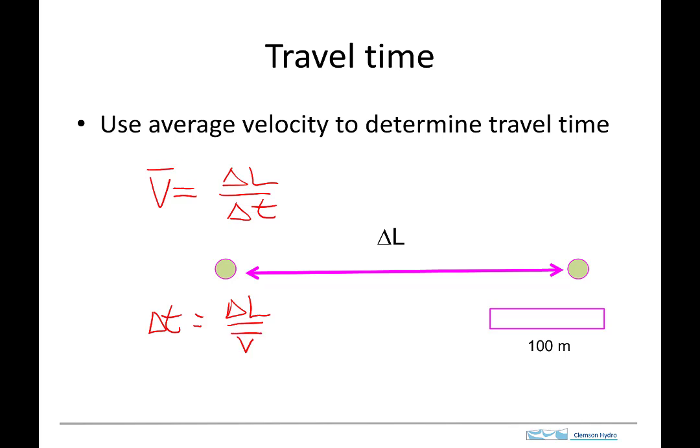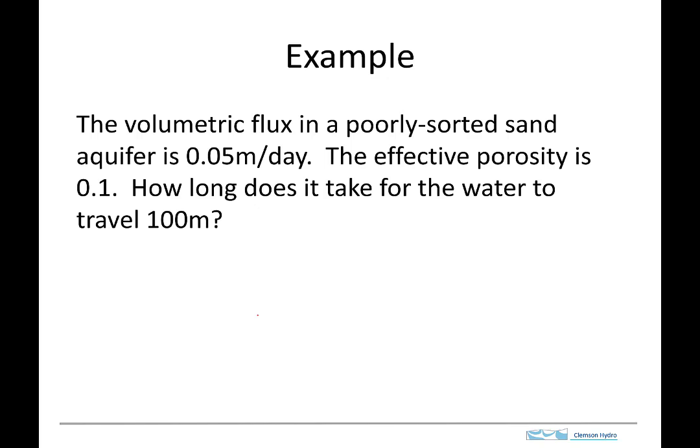Okay, so if we have a problem like this one where the volumetric flux in a poorly sorted sand is 0.05 meters per day, the effective porosity is 0.1. How long does it take for the water to travel 100 meters?